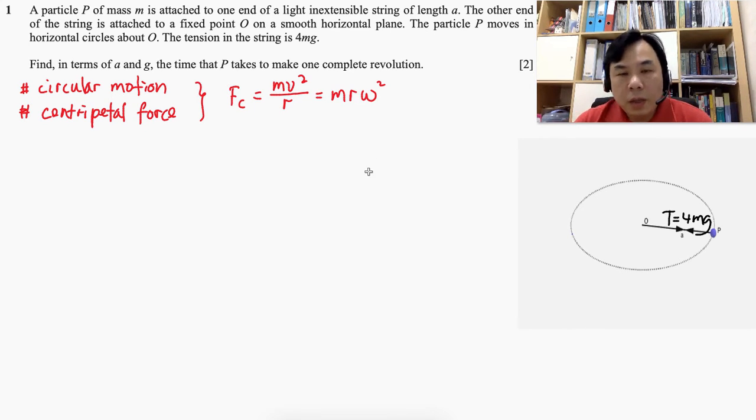Not only that, try to list down other formulas relevant to v, the tangential speed or tangential velocity. Since the object is moving in a counterclockwise direction, this v here is the tangential or linear velocity.